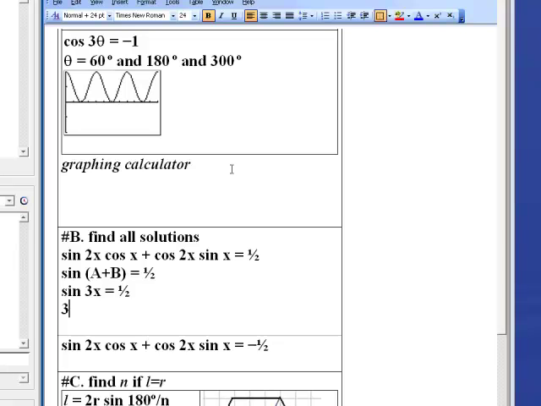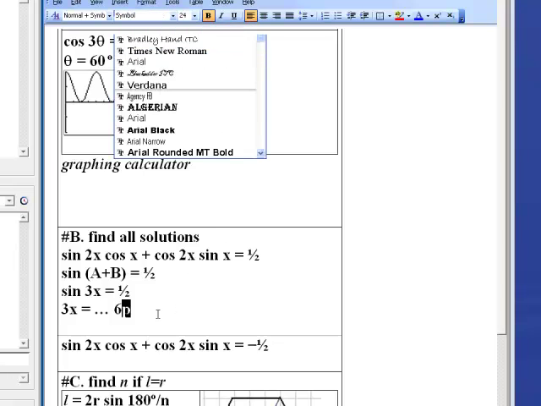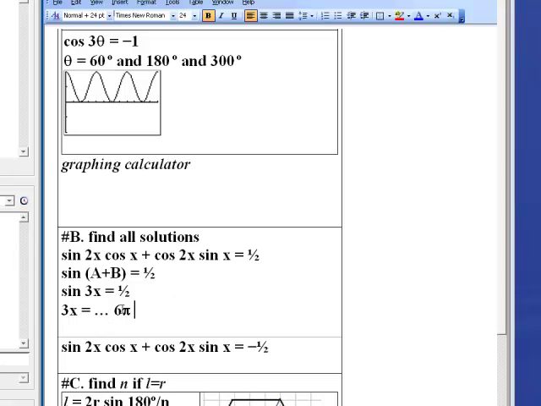So we're going to come up with 3x equals, we're supposed to go all the way to 2 pi for the x, but because of the 3 here, again, we can go all the way up to 6 pi. And then, of course, once we have divided by the 3 here, we're back to the required 2 pi.